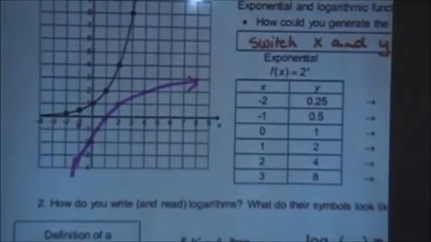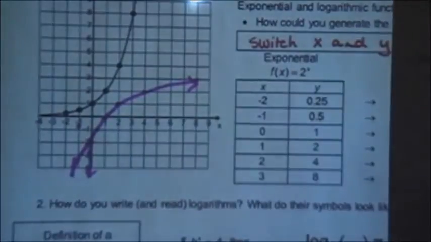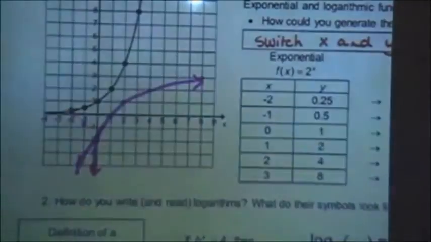So it looks something like that. Oops, except I know it doesn't go here. It has an asymptote right here at the y-axis.